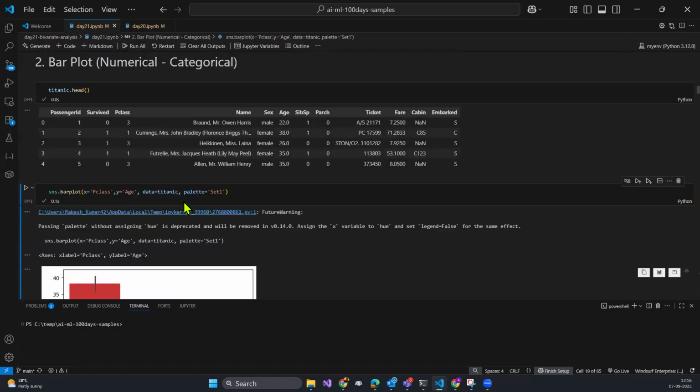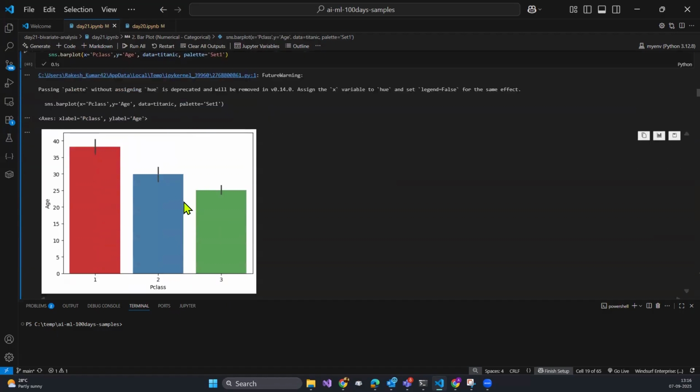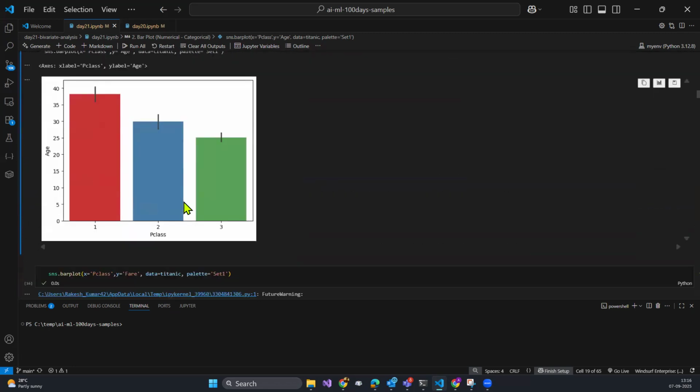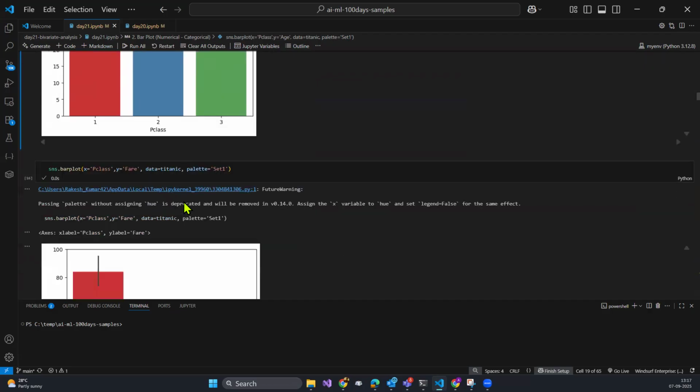So this is how we are able to do the analysis for multivariance or bivariance analysis, where one is numerical and one is categorical. So in that case, bar plot is useful to use, right? And similarly, we can do the analysis between P class and fair.